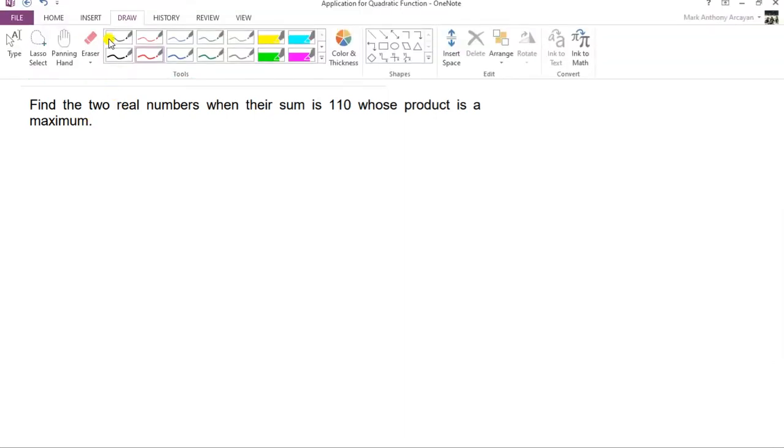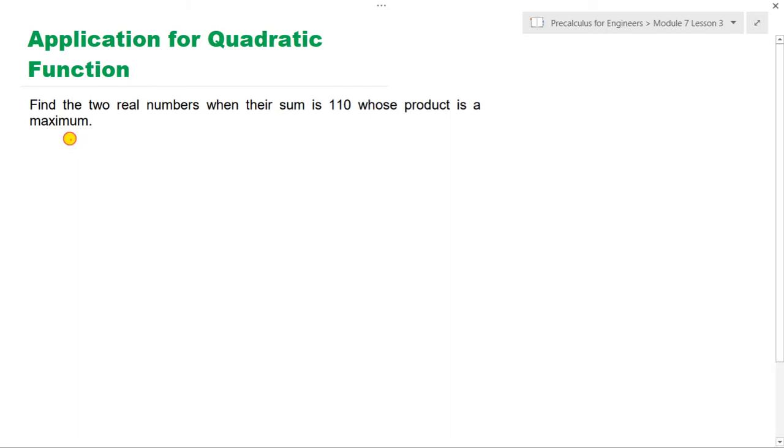So here we are going to let some variables. Let's say I'm going to let x as the first real number, and y is the second real number.